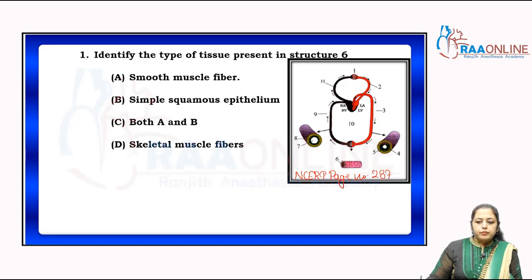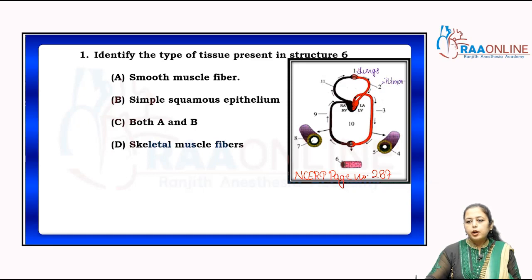287, right? What will happen here? That one represents the lungs. Then the second is the pulmonary vein, because we know that it carries the oxygenated blood.